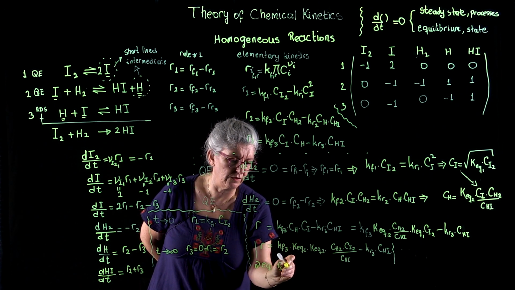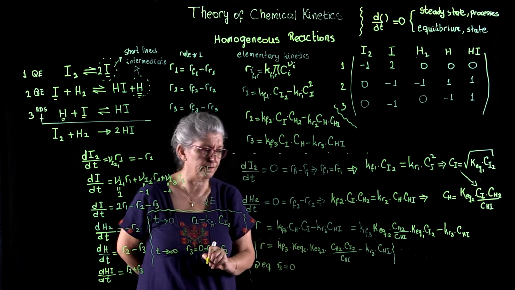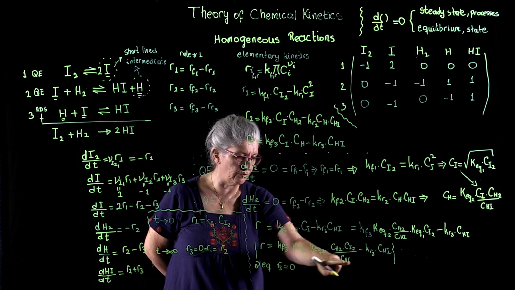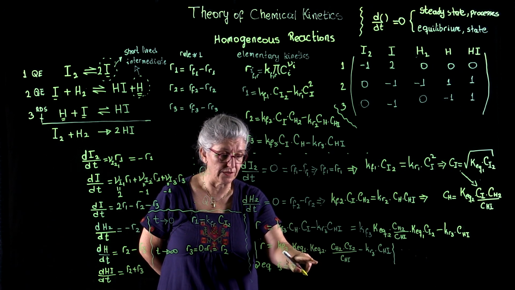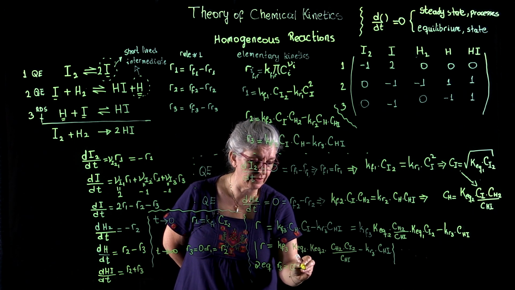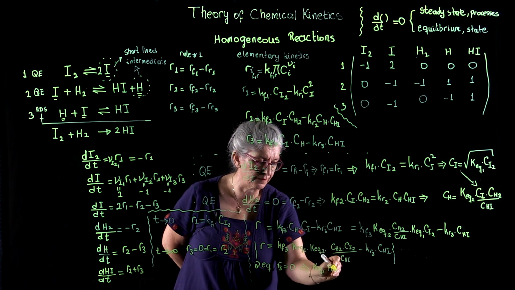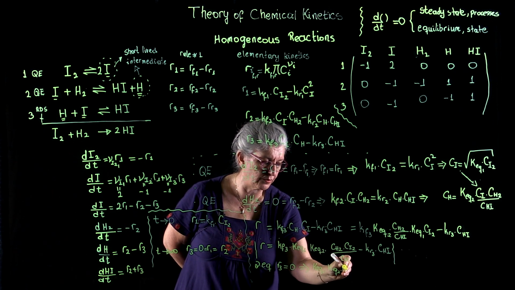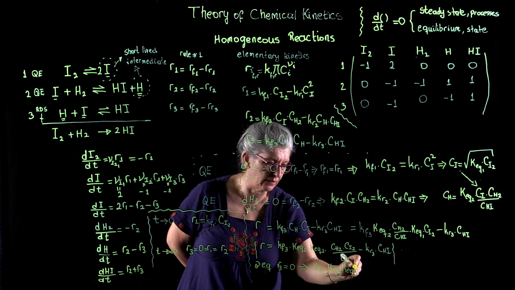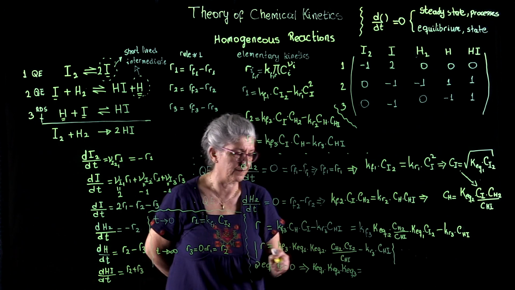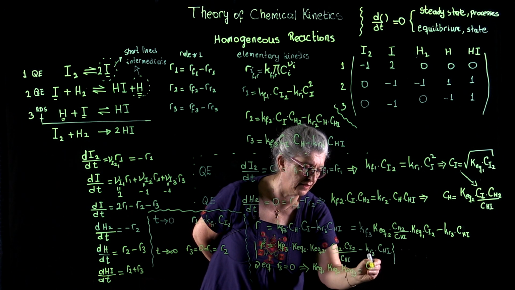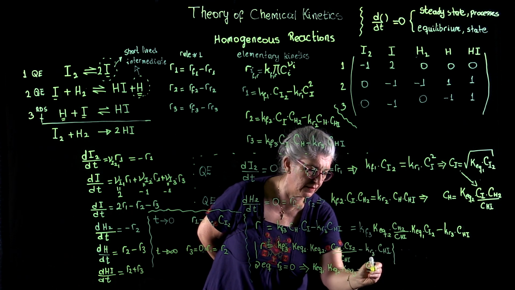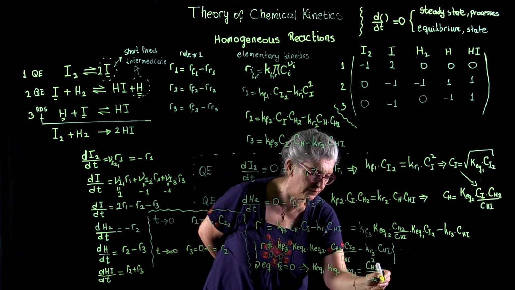R3 is equal to 0 also. And this expression is equal to 0, which gives us the following relationship. K equilibrium 1 times K equilibrium 2 times K equilibrium 3 to be equal to CHI squared divided by CH2 times CI2.